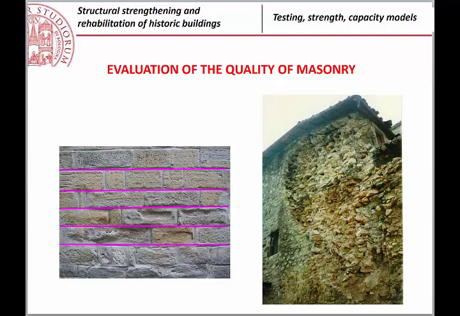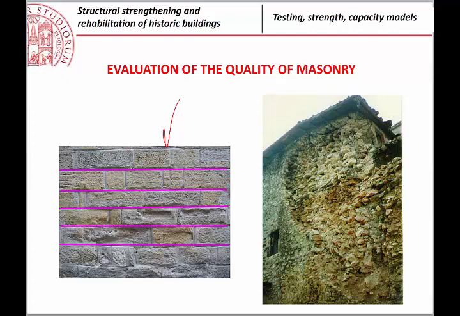And, for example, you see here two completely different kinds of masonry. In the case on the left, you have very regular blocks assembled. Possibly, those blocks can also be without mortar if the blocks are very well cut and very well assembled.